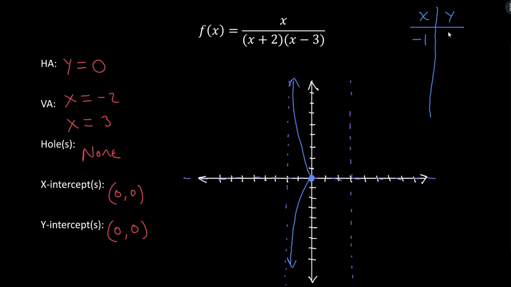And for y here, I'm just going to write whether it's positive or negative. So -1, I get a negative in the numerator, right? So I'm just writing signs here. -1 plus 2 is a positive in the denominator times -1 minus 3, which is a negative. I have two negatives here, right? A negative times a negative is a positive. A negative divided by a negative is a positive.